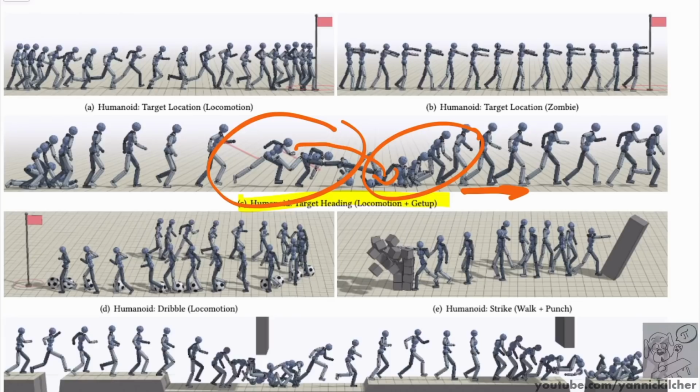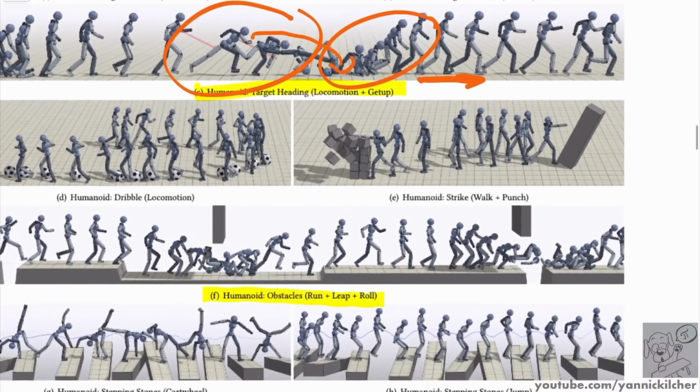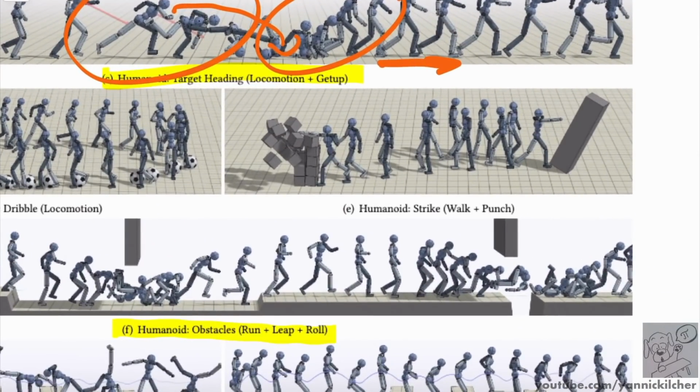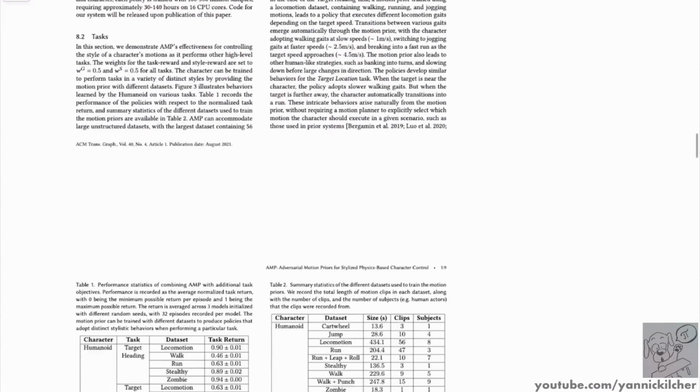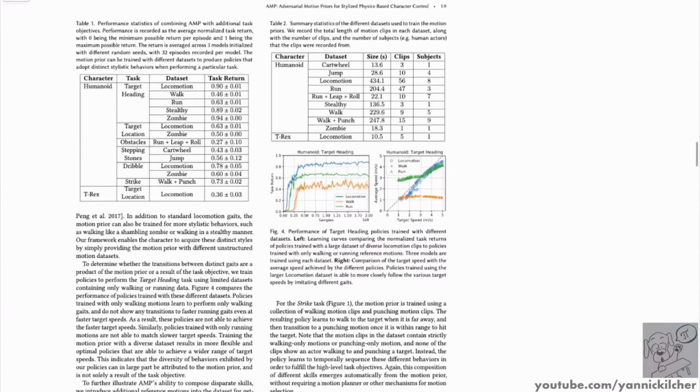So that's pretty cool. Also in this strike and punch example, the data set apparently only contains agents walking or agents punching. It never contains agents walking and then punching. So the transition that you saw at the beginning is a learned behavior that wasn't in the data set.